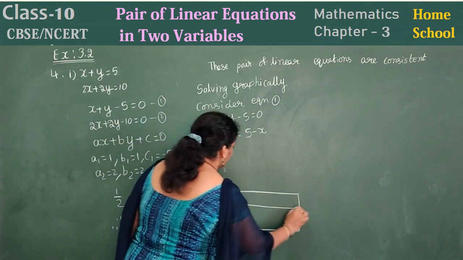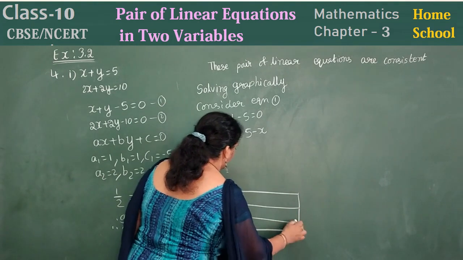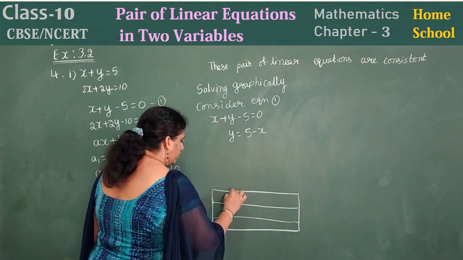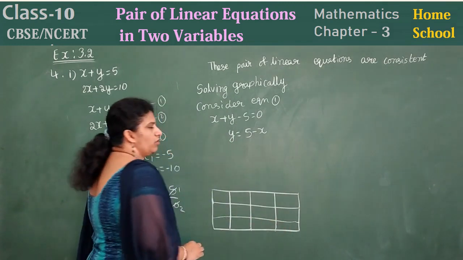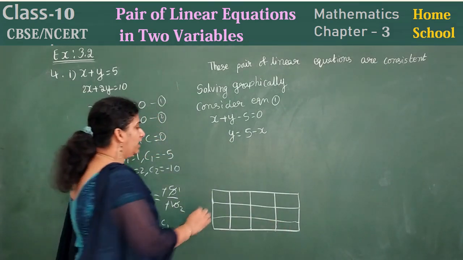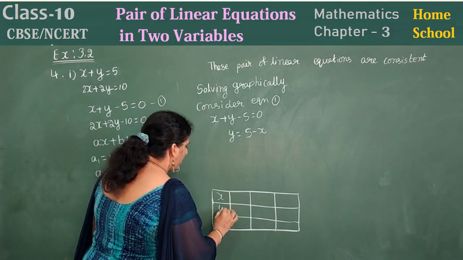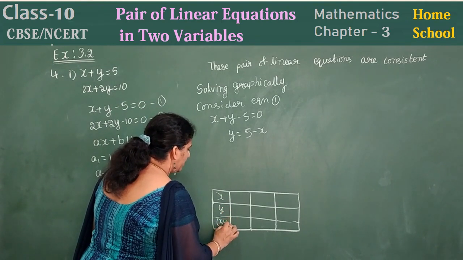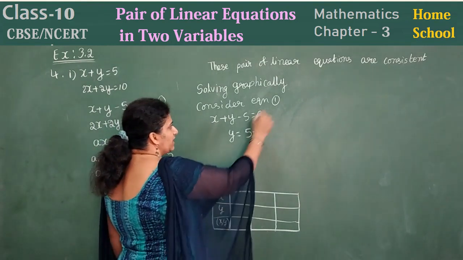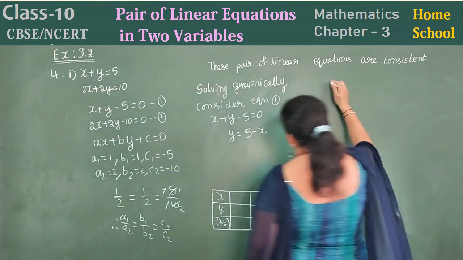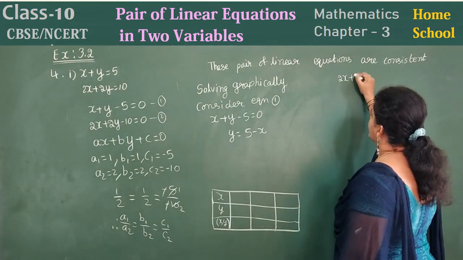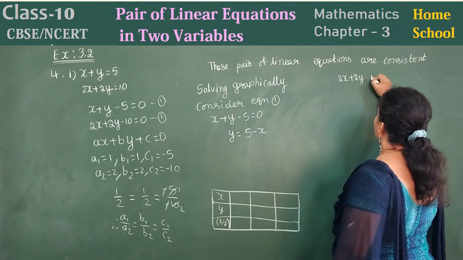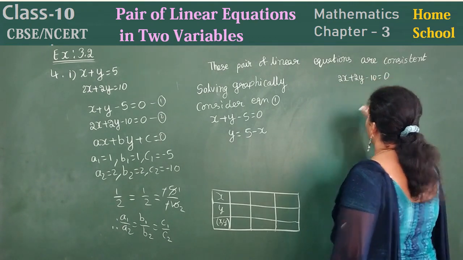How many columns and how many rows? 3 rows, and let me take 4 columns. Okay, x, y, x comma y. Similarly, one more equation let me write here, that is 2x plus 2y minus 10 equal to 0.